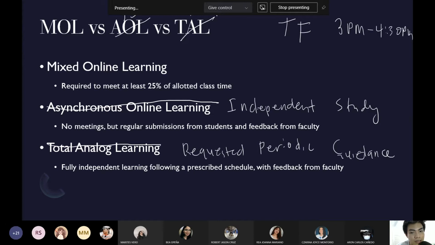For the independent study, hindi naman kailangan umattend ng online class if you will fall under this category. Kunwari, working student kayo, you can shift your modality towards the independent study. So hindi nyo kailangan umattend, pero yung deadline will be the same as the MOL. Okay? So remember that deadline is the same for MOL and IS.